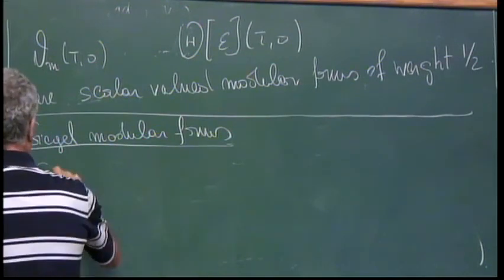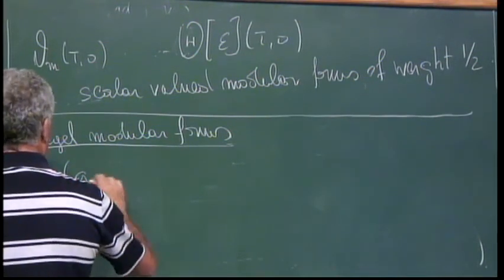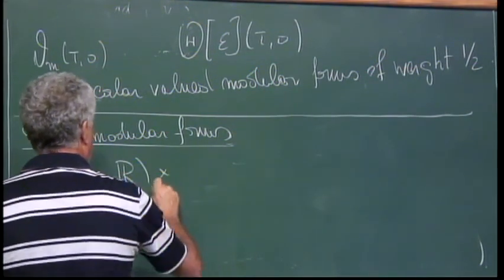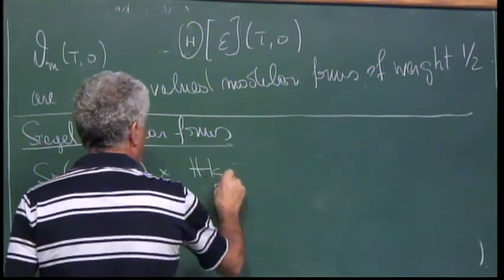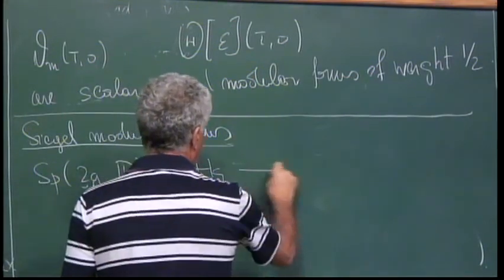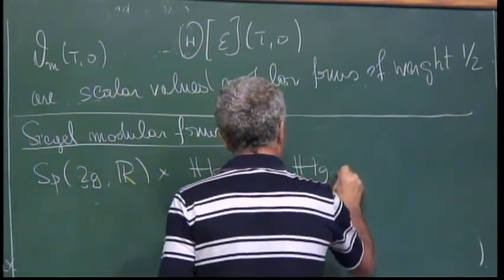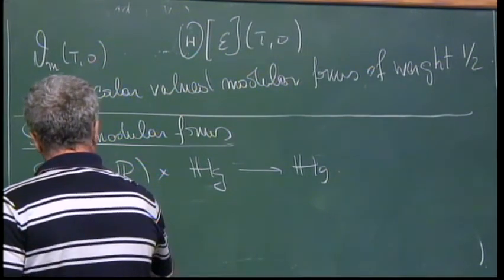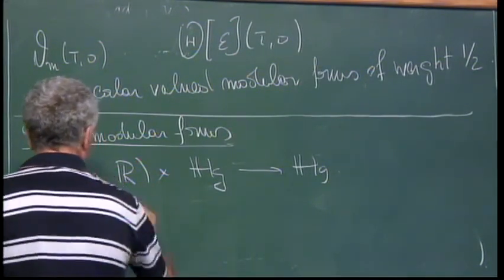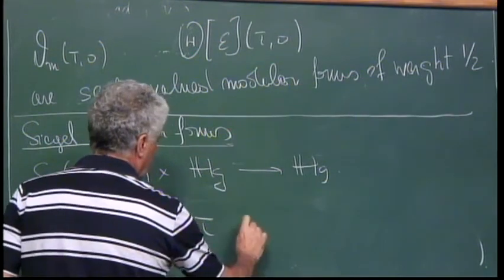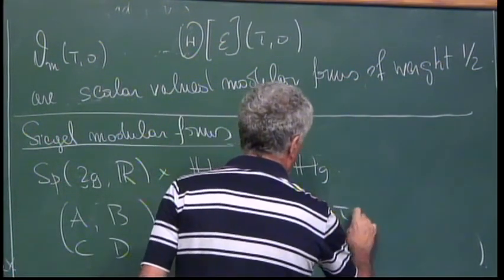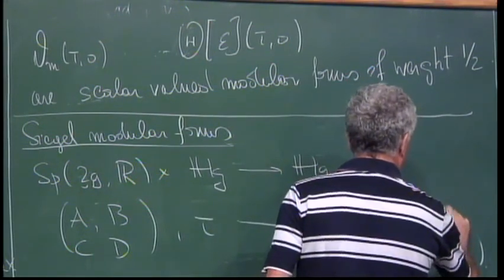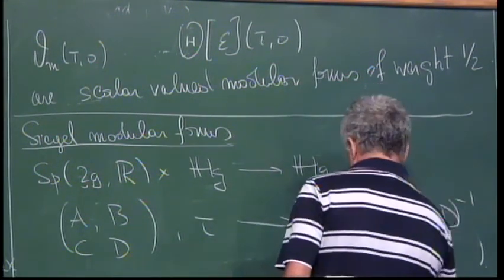It is known that Sp(2g, R) acts on H_g in such a way that this is a homogeneous space to H_g. And the action is the standard action: for (A B; C D), the point tau goes to (A tau plus B) times (C tau plus D) to the minus 1.